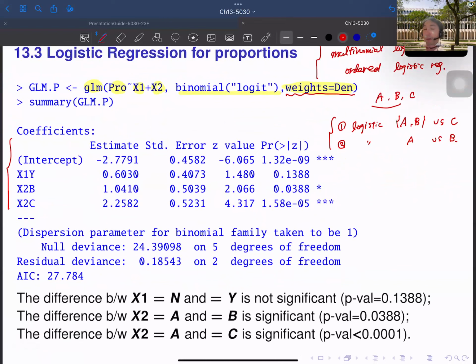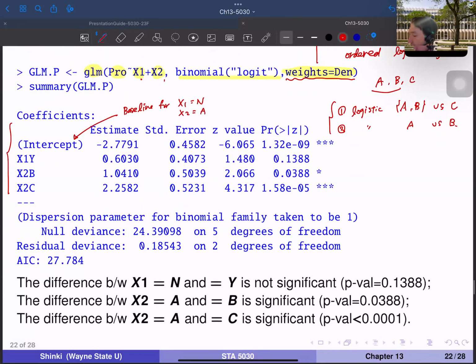So logistic regression works with this summarized table as well. Here x1 and x2 are categorical, so this intercept is the baseline for x1 equal to n and x2 equal to a.